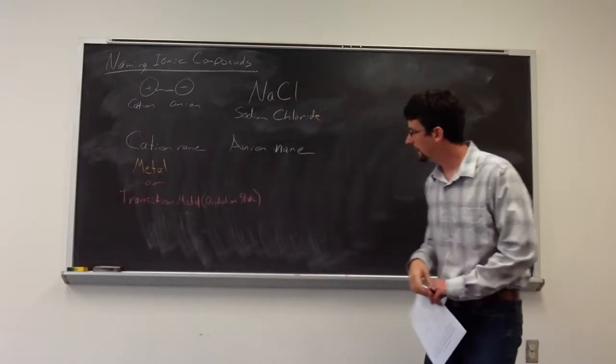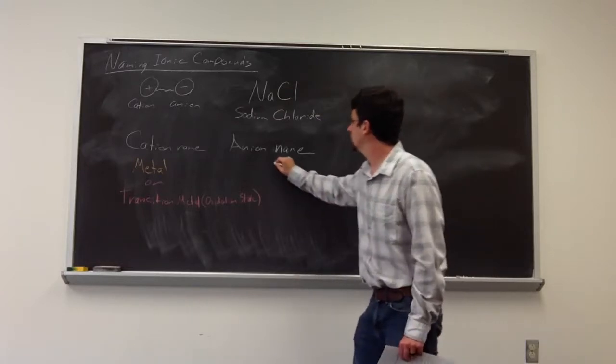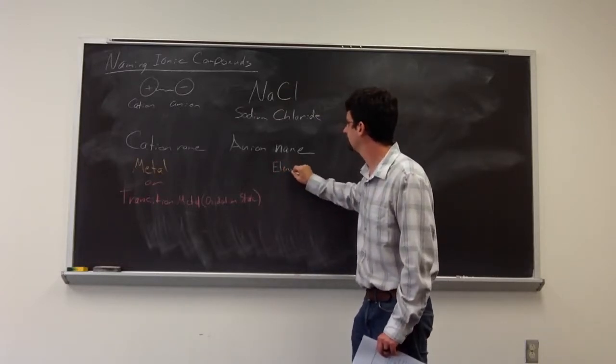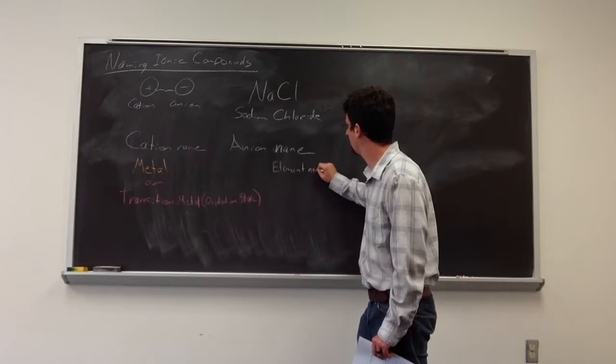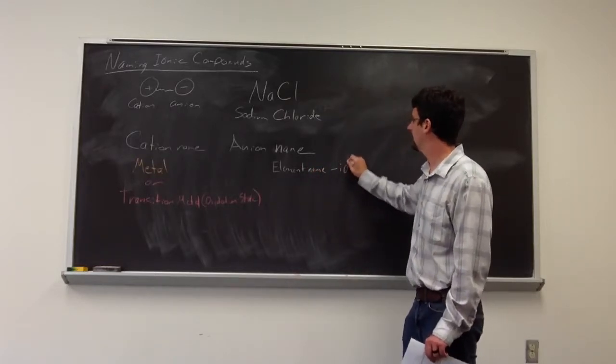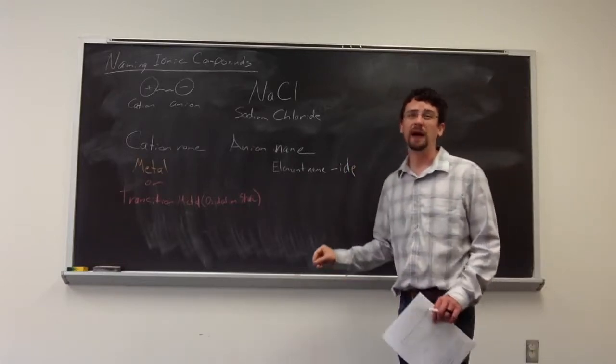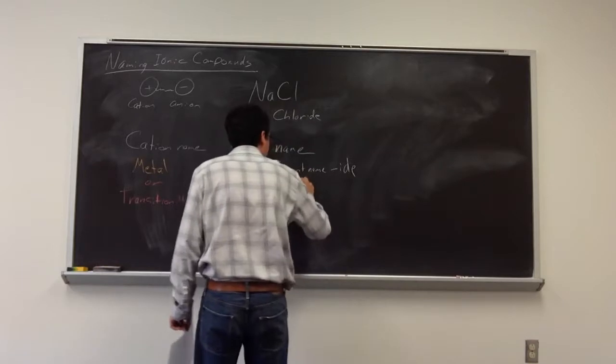Then for the anion name, if you have an individual element by itself, you usually have the element name, but you end in a suffix with "ide." Or you go with a polyatomic anion name.